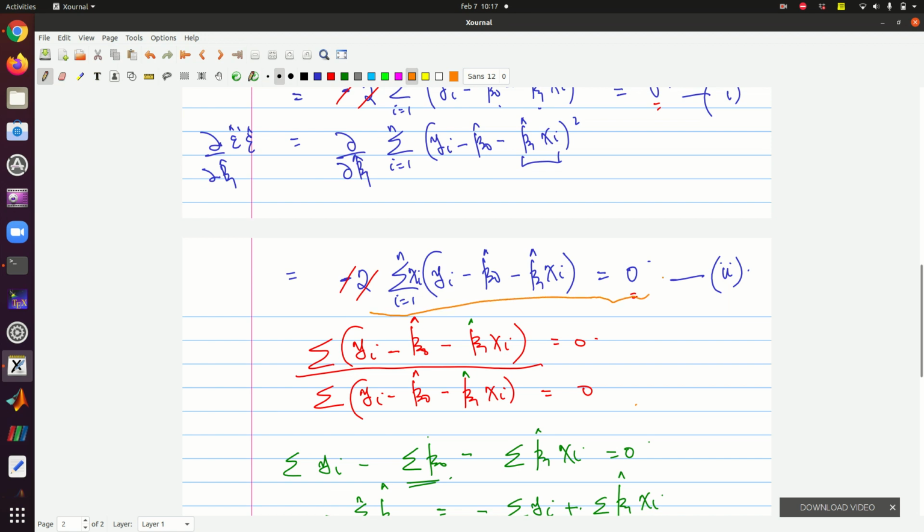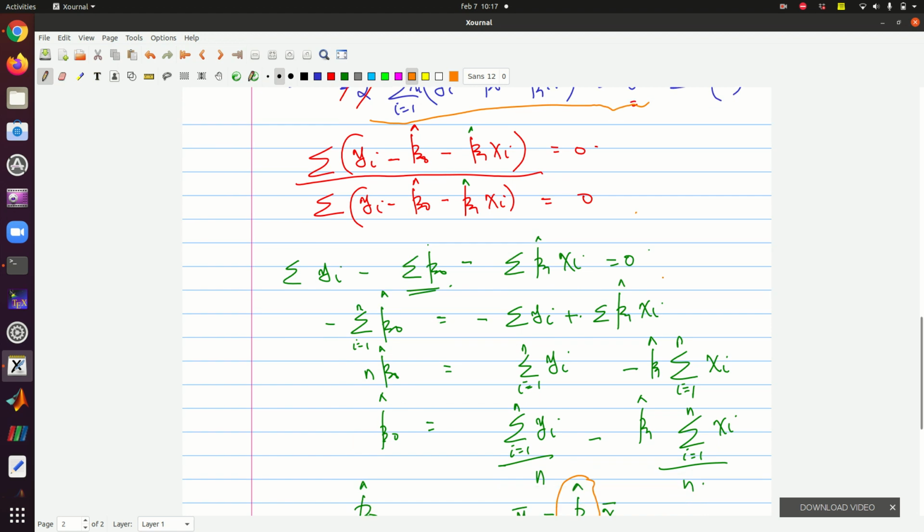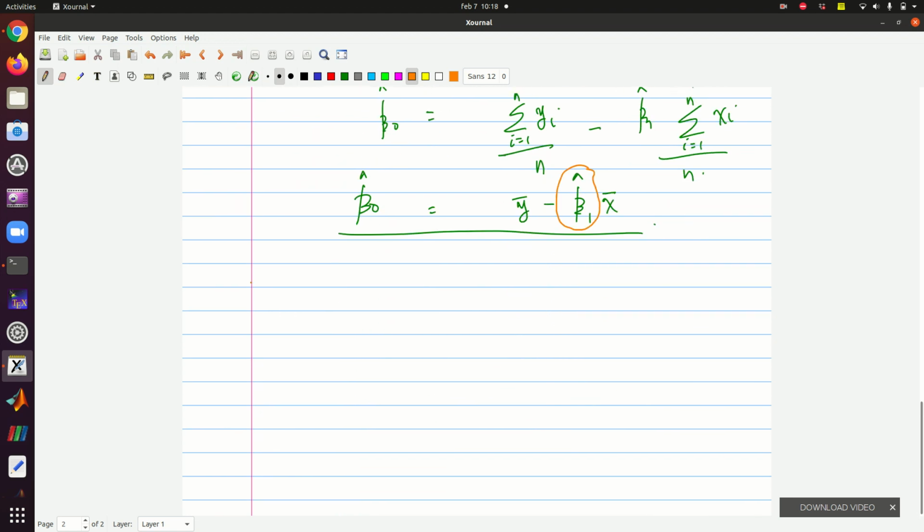So we equate this one to 0. Equating that one to 0, we have the summation from i equals 1 up to n of xi, and then we have our yi minus beta naught hat minus beta 1 hat xi, and we are equating that to 0.